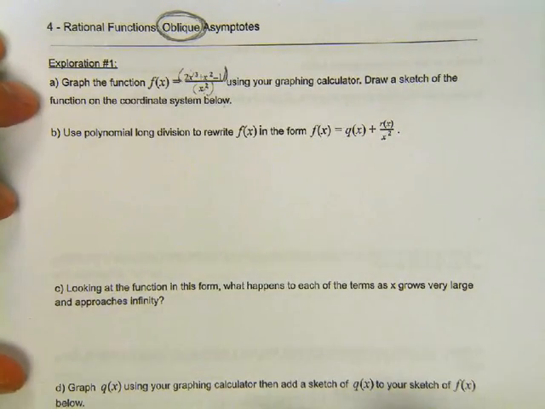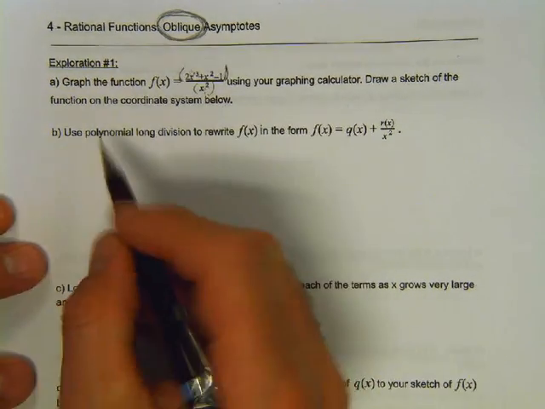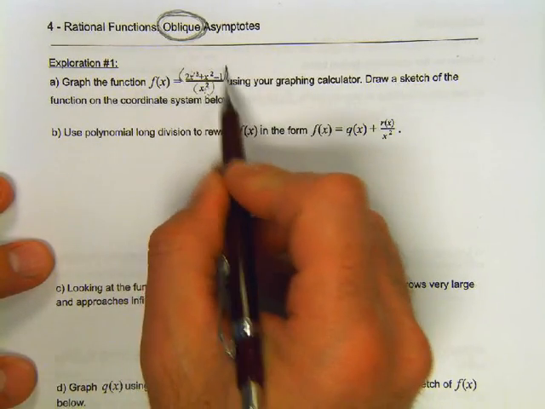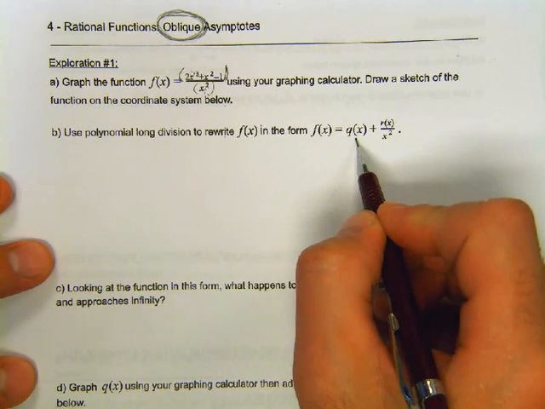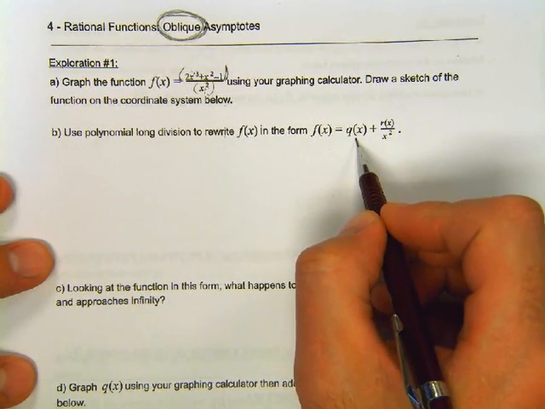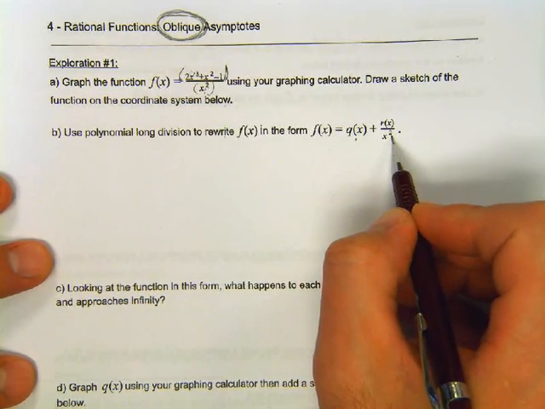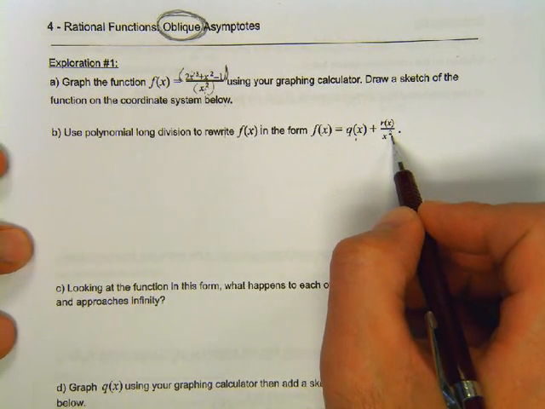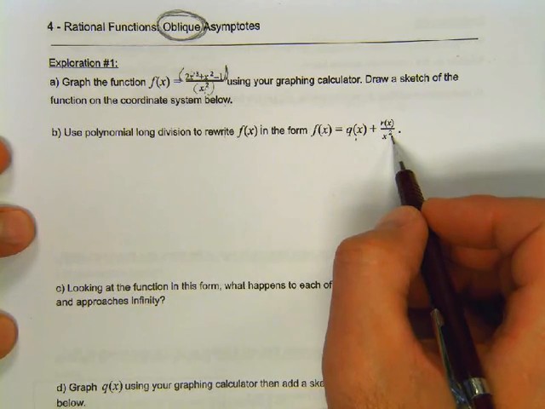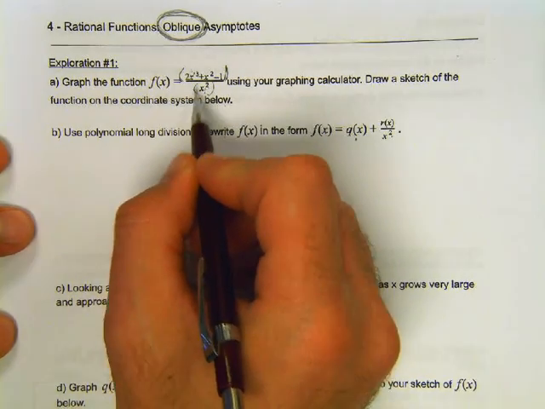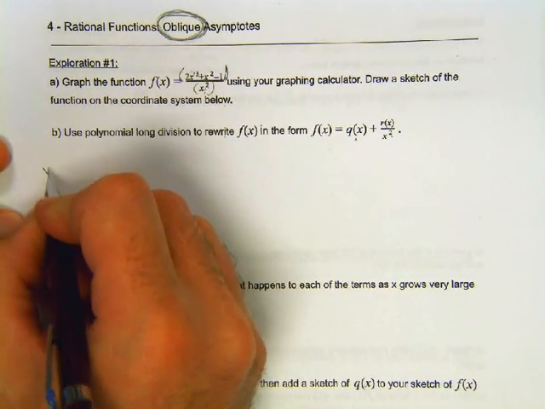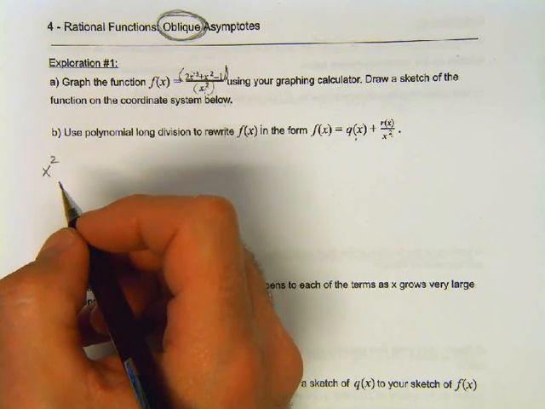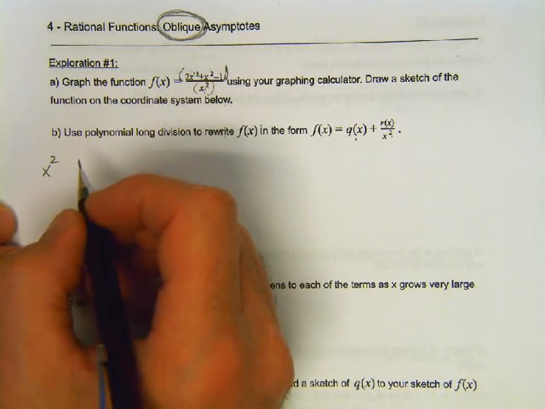Okay? So here's how we're going to do it. We are going to use polynomial long division to rewrite this function as a quotient with a remainder. Okay? So let's do some polynomial long division. Our divisor is going to be x squared. But do you remember when we did the synthetic division how you had to have placeholders?